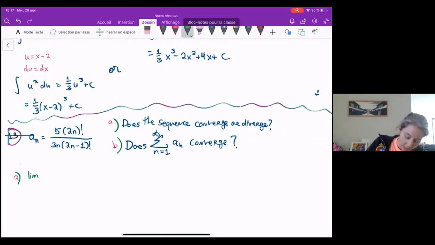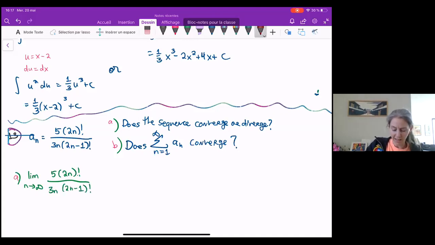So limit as n approaches infinity, 5 times 2n factorial over 3n times 2n minus 1 factorial. Can I just cancel out those factorials? I don't want them, they're gone. Can I do that? No, I definitely cannot.